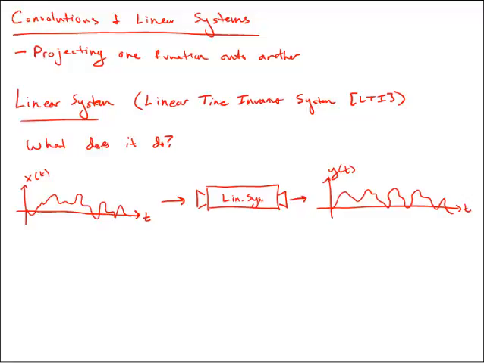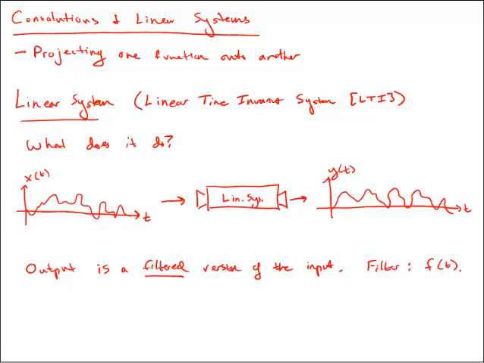So, how is the output generated? What we say in neuroscience and engineering, and probably a few other fields, is that the output is a filtered version of the input. So filtered is the key word. And we name the filter f of t.